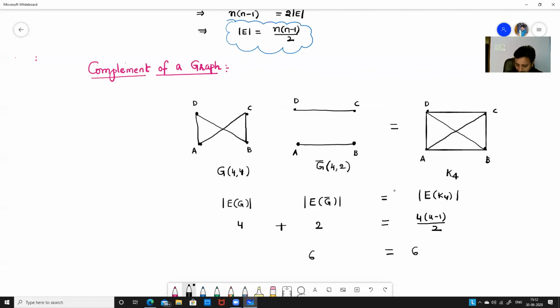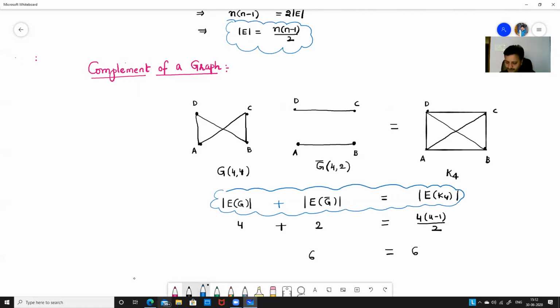So what I'm trying to say from this is that the number of edges in the given graph plus the number of edges in G bar must be equal to the number of edges in the complete graph. This is the most important statement.